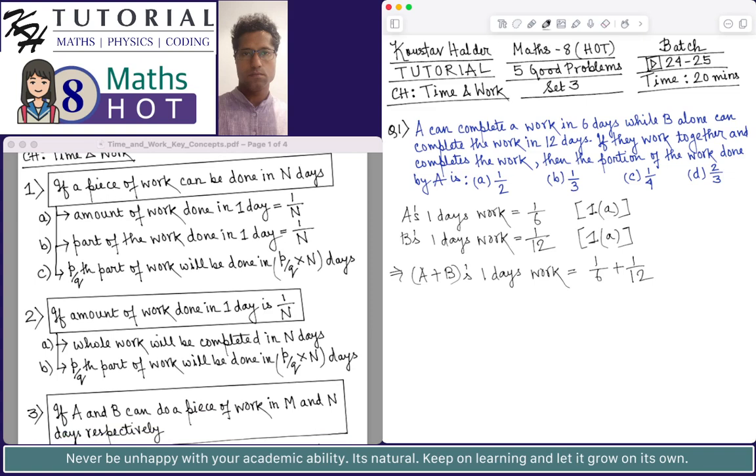So this is 1 by 6 plus 1 by 12, which is equal to 2 plus 1 by 12, 3 by 12, which is 1 by 4. Please note that I will not describe much regarding the concept applied at every step.